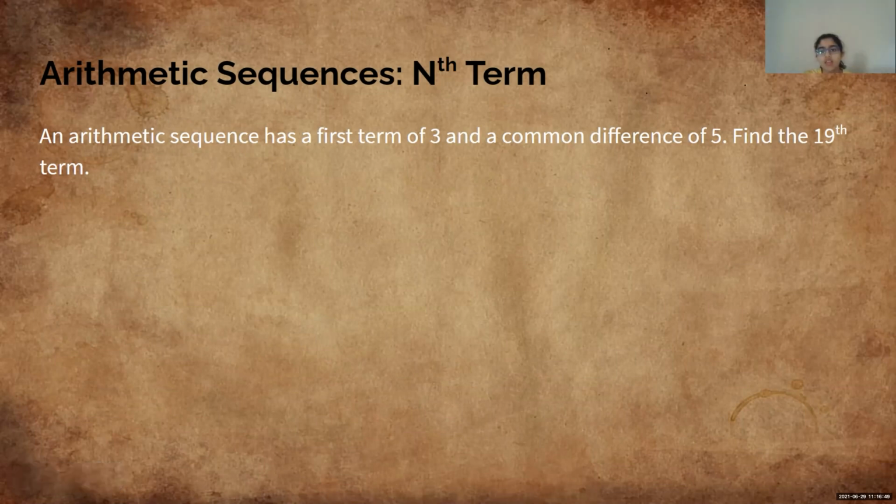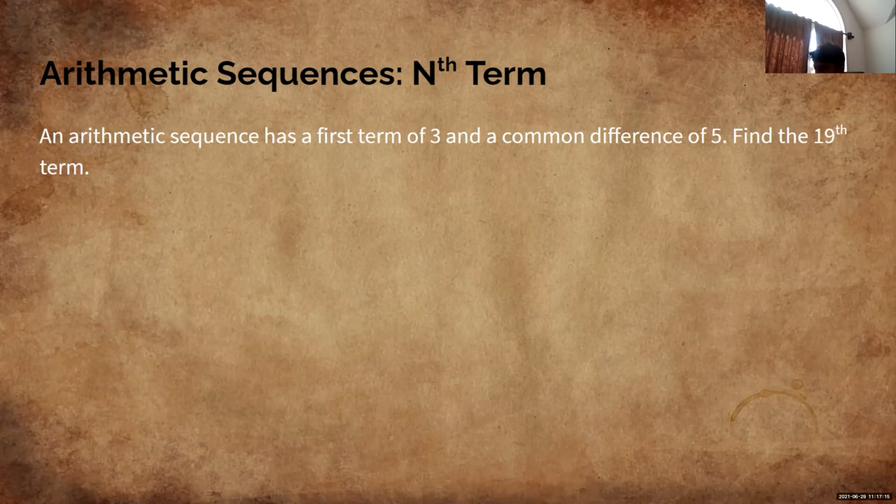Anyone in the chat, how would you find or solve for the 19th term? Because we are short on time and no one seems to be answering, you can just explain it. Yeah, I got it.